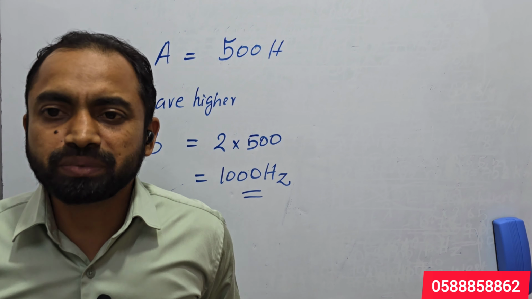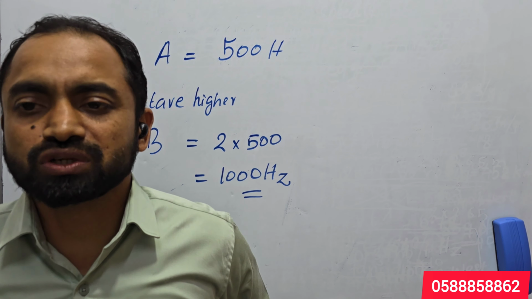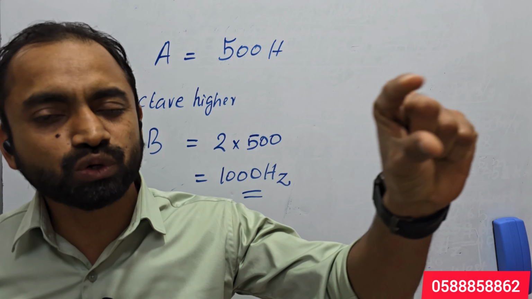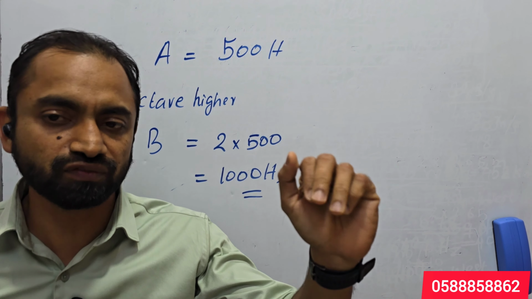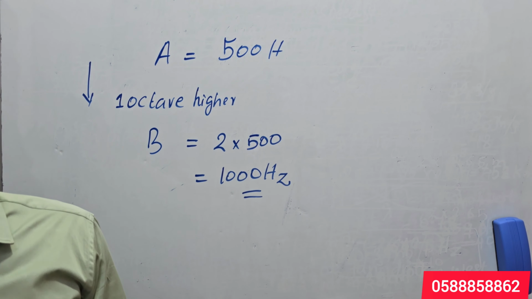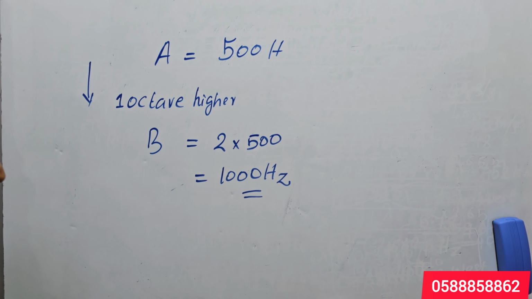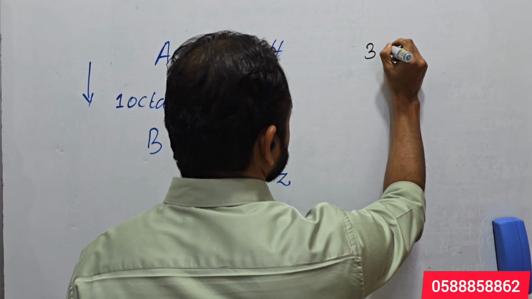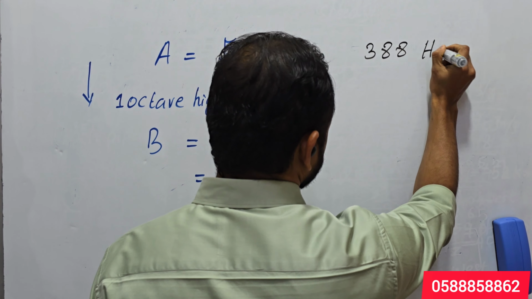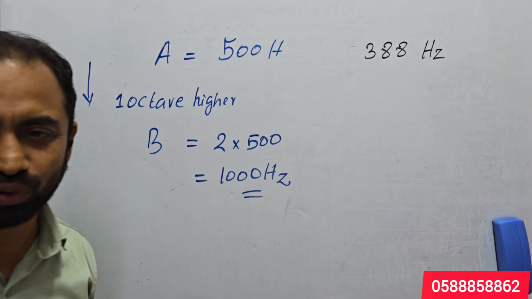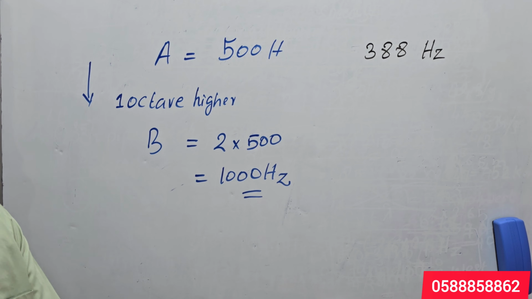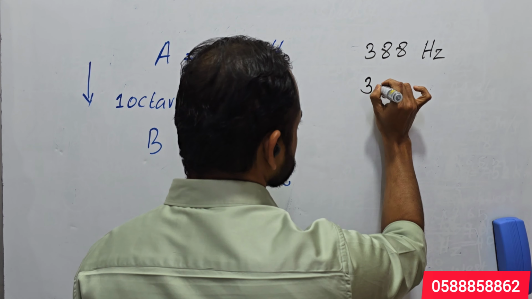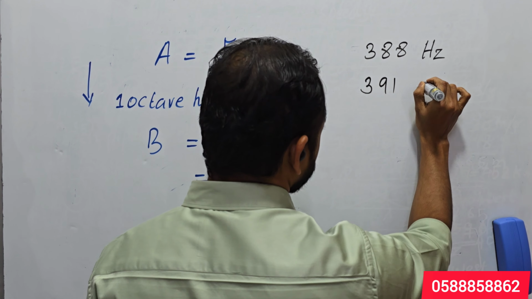Yes. So beats occur by the superposition of two sound waves that have nearly equal frequency, nearly the same frequency. For example, we have two sound waves. One object is producing a sound with a frequency of 388 hertz, and another is producing a sound with a frequency of 391 hertz.